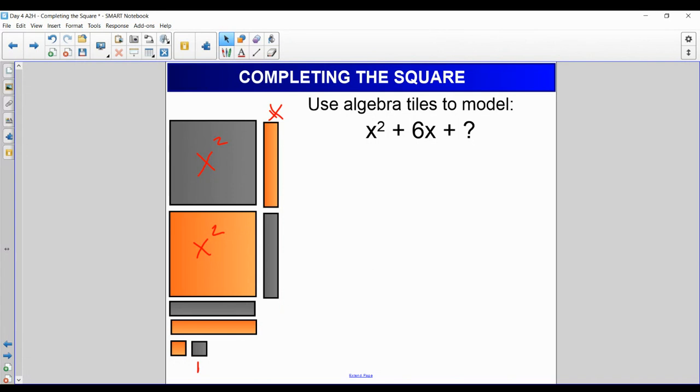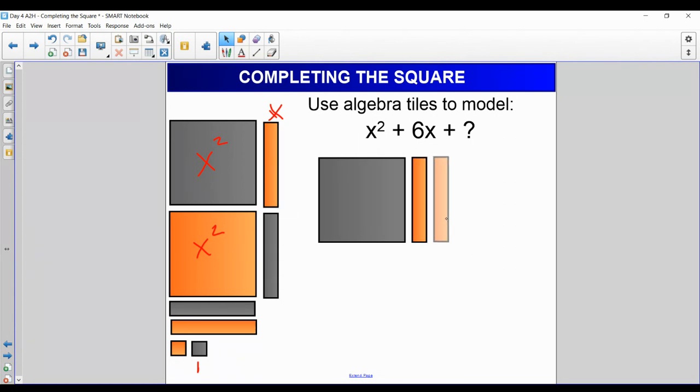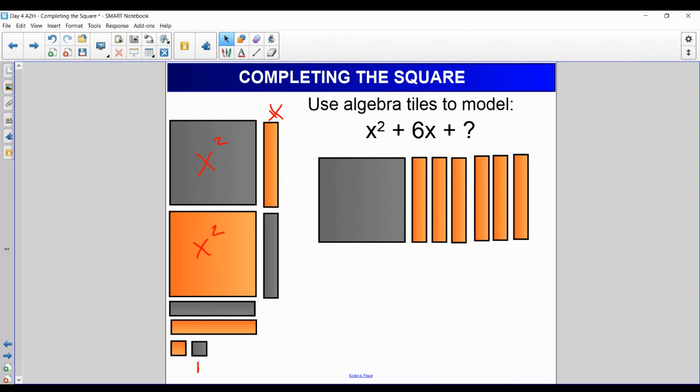Okay, so if I'm trying to build this, I'm going to take an x squared, and then I need 6 of these. Okay, and the problem is that doesn't look very much like a square.